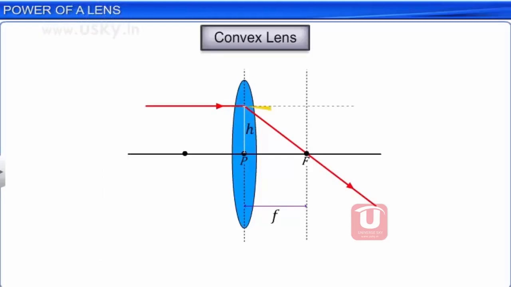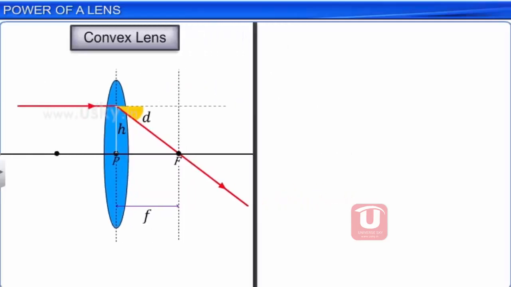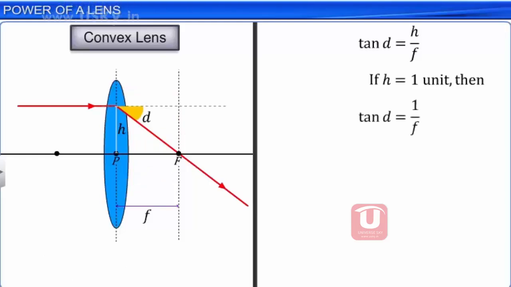If h is equal to 1 unit, tan d is equal to 1 by f. But as per definition, tan d for h equal to 1 unit is the power of the lens. Therefore, optical power P is equal to 1 by f. That means optical power of a lens is the reciprocal of its focal length.